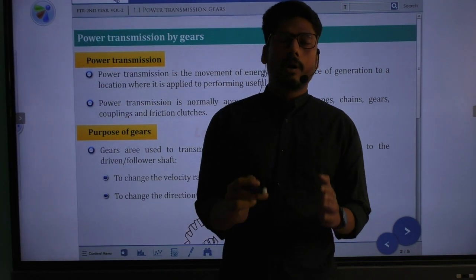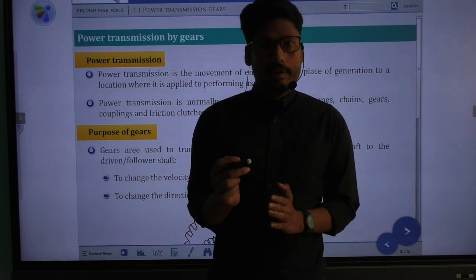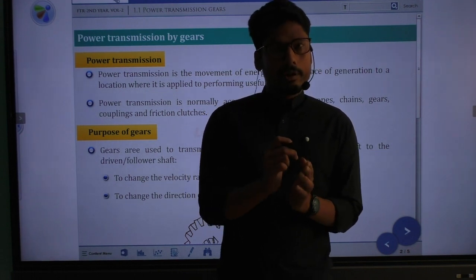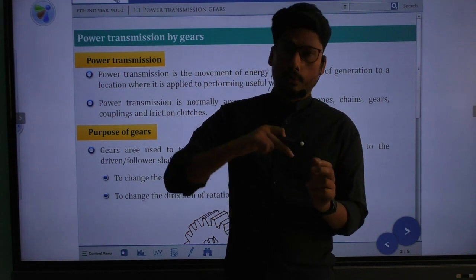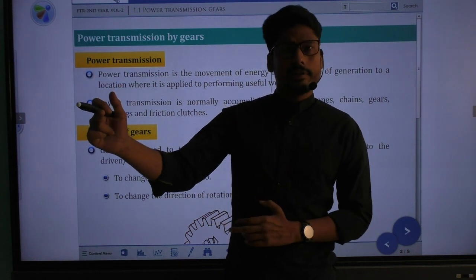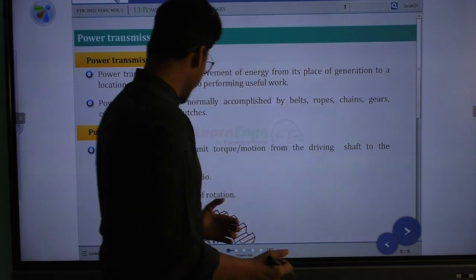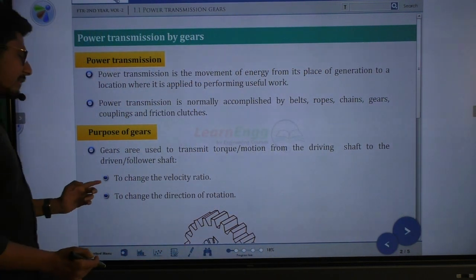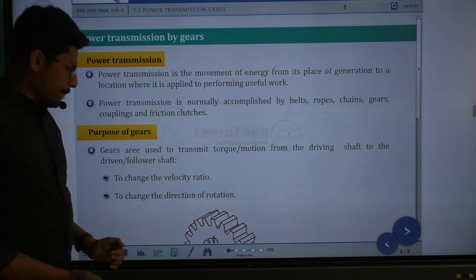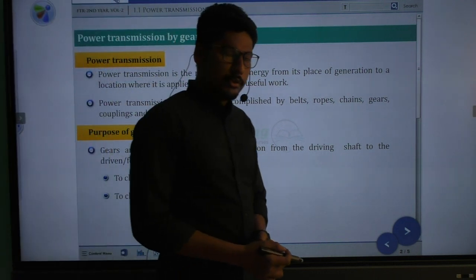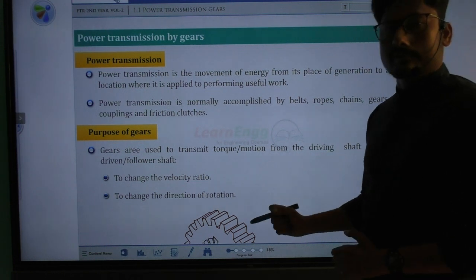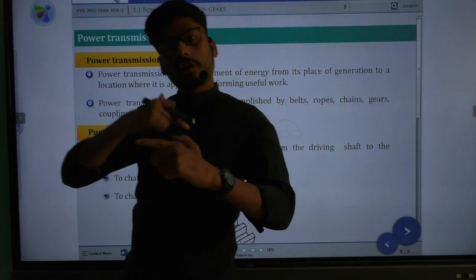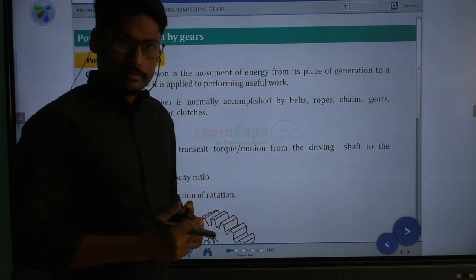That means from one shaft to another shaft: the shaft from which the power is transmitted is called the driving shaft, and the shaft to which the power is transmitted is called the driven shaft. Next, gears are used to change the velocity ratio, and to change the direction of rotation.